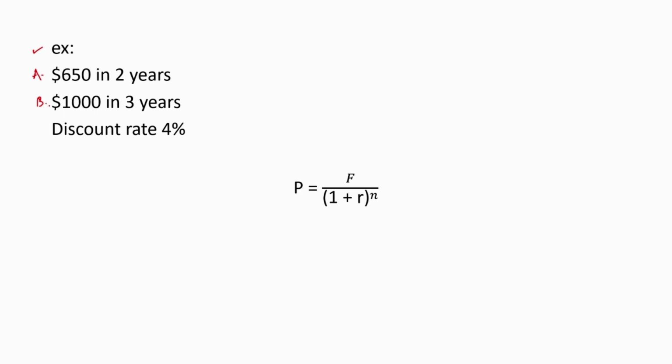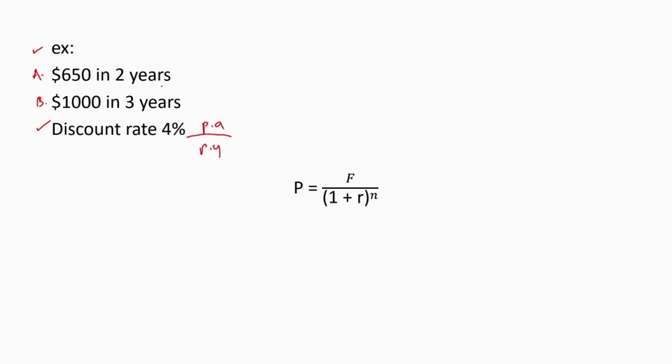Option B says $1,000 in 3 years, which means you will receive $1,000 in 3 years. The discount rate is given as 4%. Even though there is no term after this percentage value stating per annum or per year, it will automatically be a per annum rate.